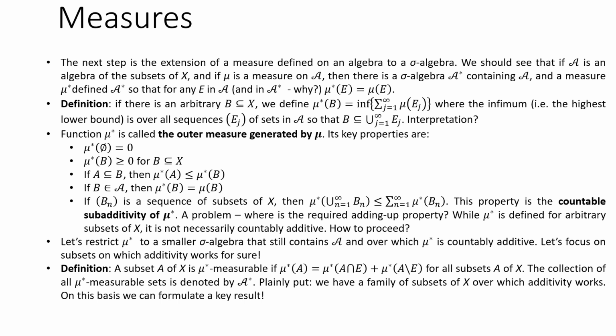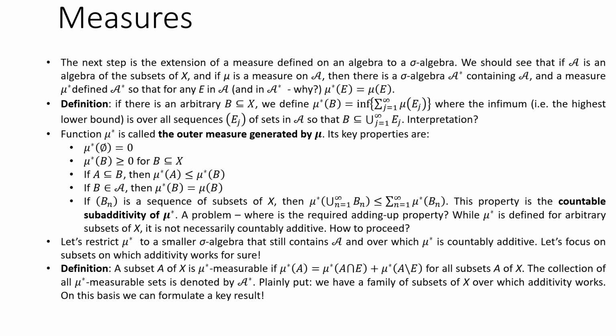So if there is a set in the algebra, it is also in the sigma algebra, because if the sigma algebra contains the algebra, any set in the algebra is contained in the sigma algebra too. So the two measures are supposed to be equal.